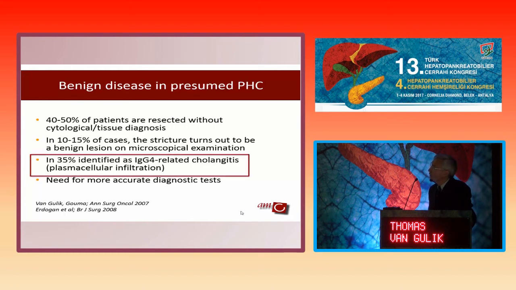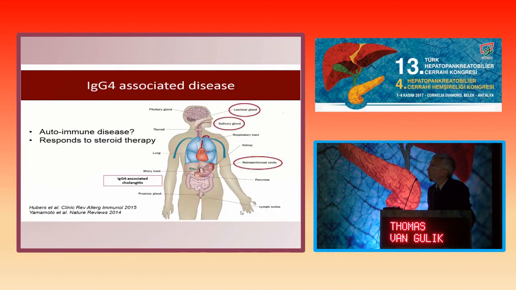Now, just to focus on this disease, it is a multi-systemic disease. It is known in the salivary glands and the retroperitoneal cavity, and more recently we have identified this cholangitis in the pancreas, which was called in the beginning autoimmune pancreatitis, and it is the same entity we encounter in the biliary tract.